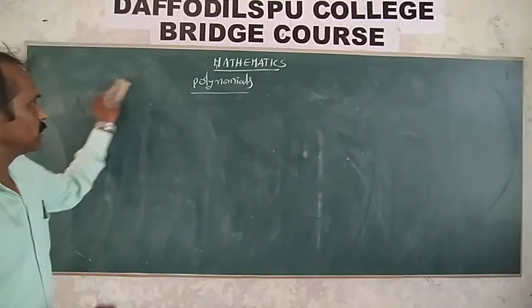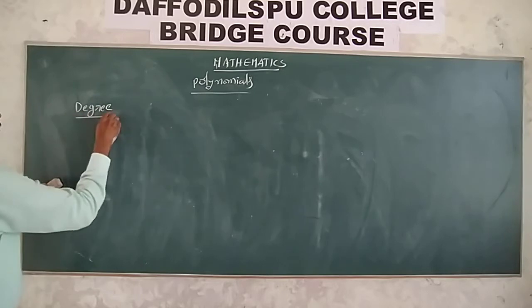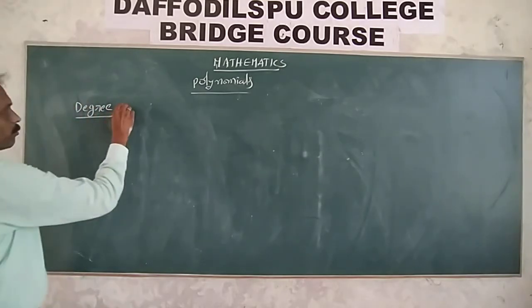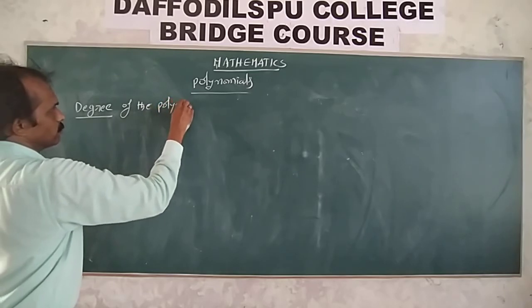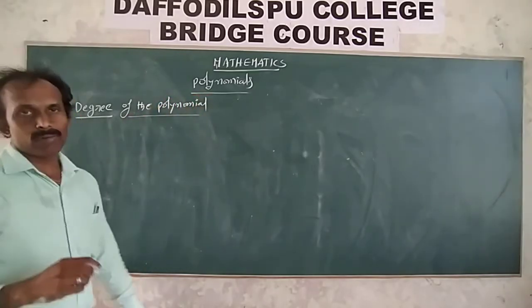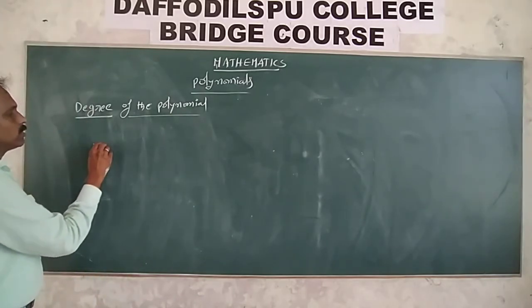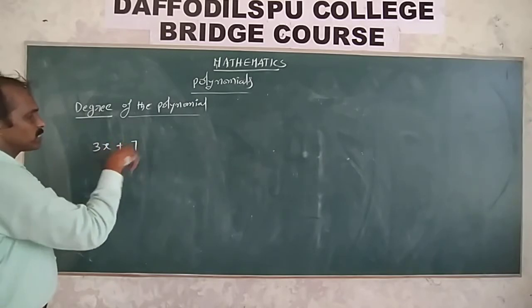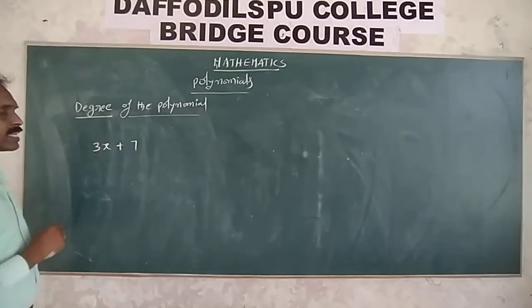Okay, right. Degree of the polynomial. In 3x plus 7, the power is 1. This is a first degree polynomial.